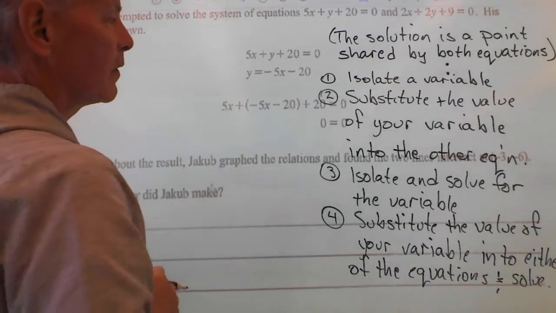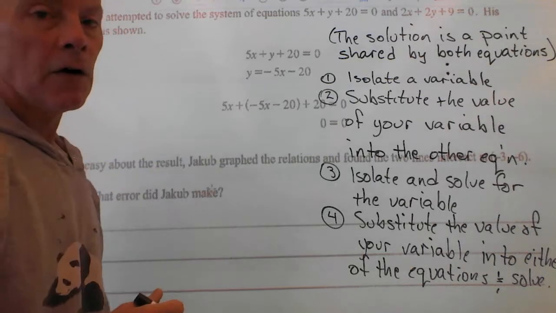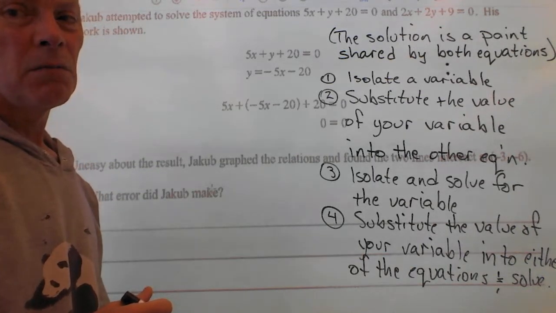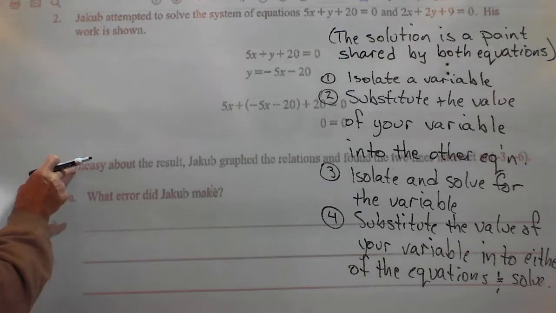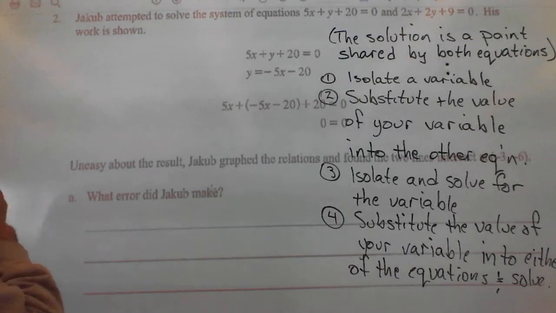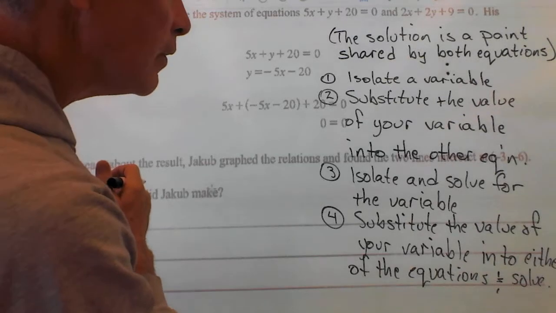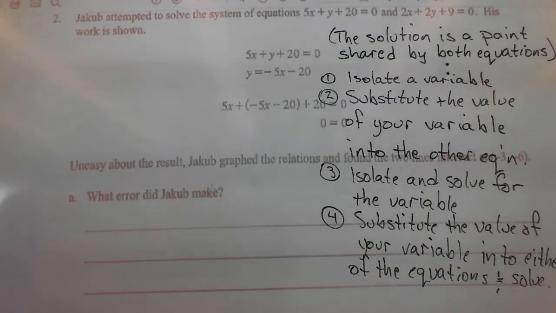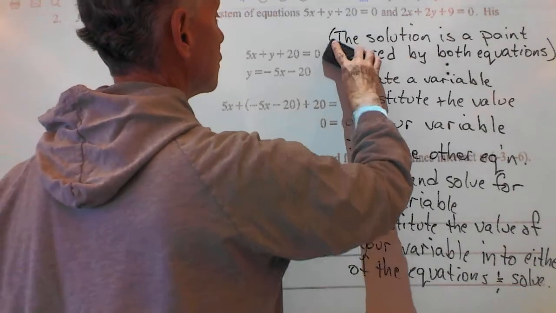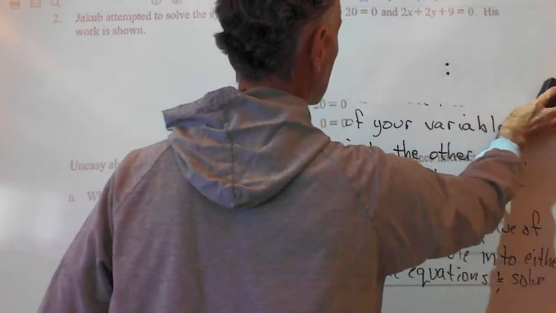He then simplifies the left side and gets 0. 0 equals 0. That doesn't make any sense. Uneasy about the result, Jacob graphed the relations and found the two lines intersect at negative 3 and negative 6. I'm just going to erase this, okay, so that we can see the problem.